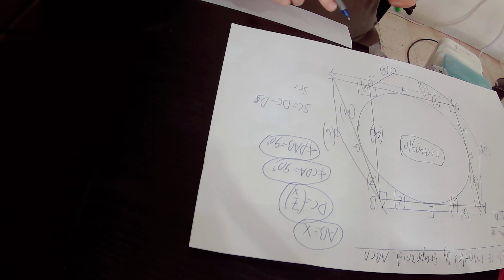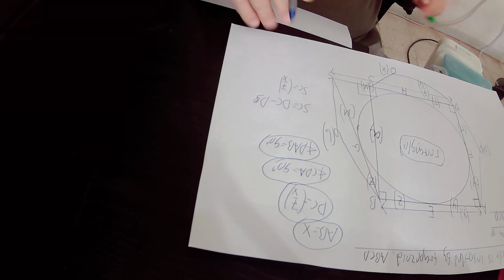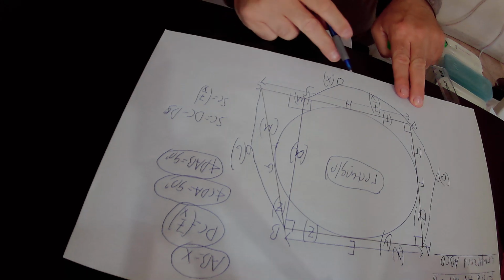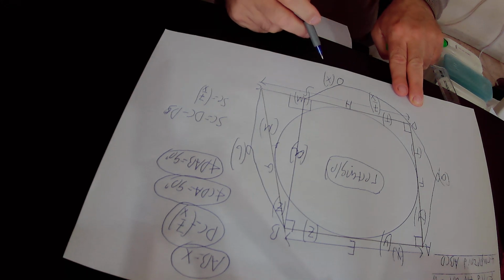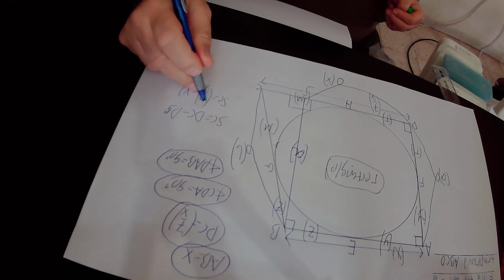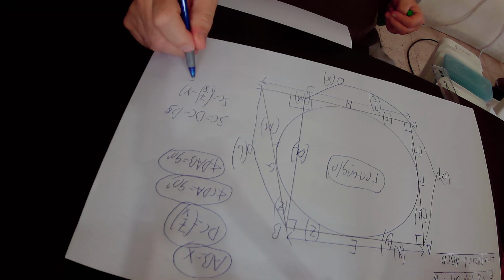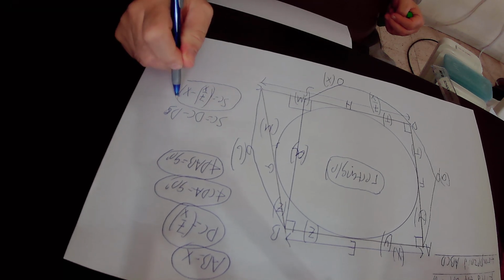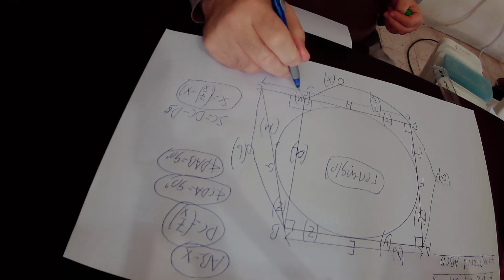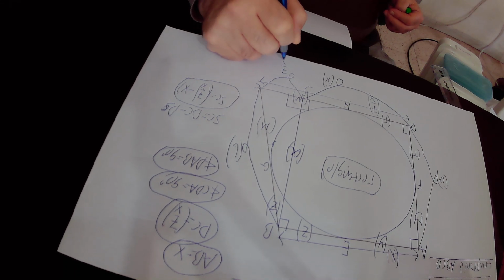DC is 7 over X according to what is given in the question, and we just found out that DS equals X. So in total we find that SC equals 7 over X minus X.